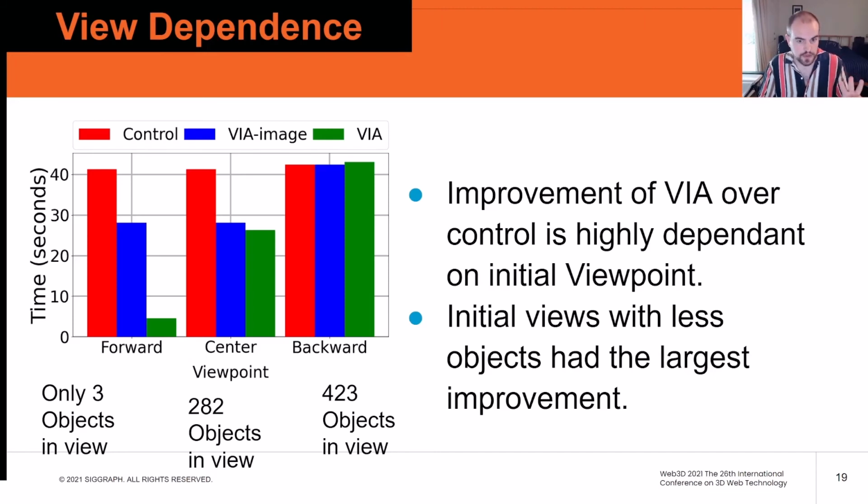So we had to download 3 objects out of 423 and had incredibly faster results than the control. We also ran an experiment where every single object was visible and saw that the latency was about the same, which is what we expected. Somewhere in the middle, you get middling results, of course.